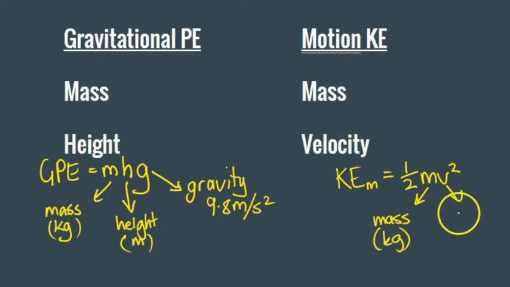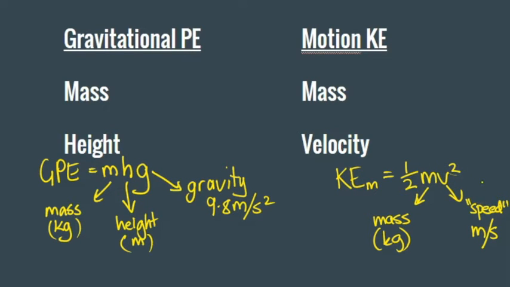That's all that means. So we often refer to that as speed, and you need to know that in meters per second is how we measure our velocity, and it has to be squared, which means it has to be times itself.